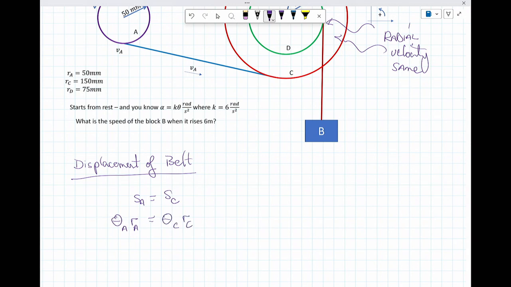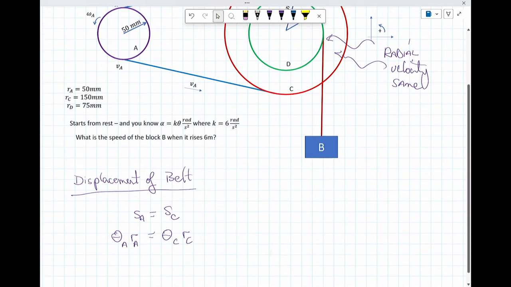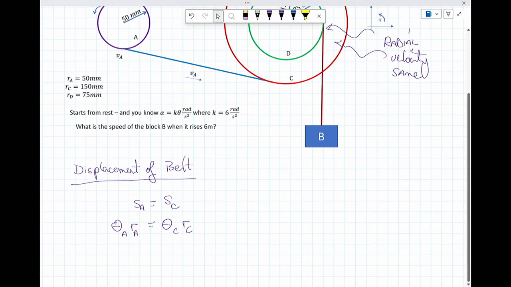All right, so if I look at points C and A, those points of contact, I can say that the linear displacement of A, measured in meters, is the same as that of C. So I can look at the arc length of both and say theta A RA equals theta C RC.